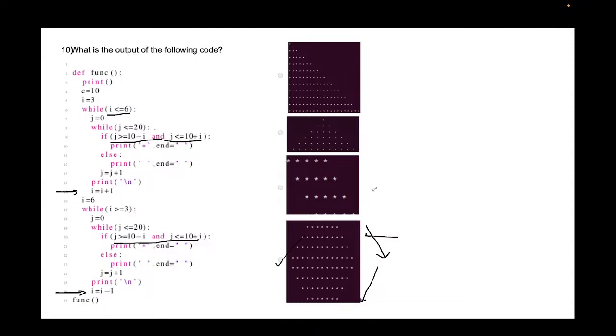In other options, either the band is the same, or it is increasing from one side, or it is increasing uniformly on both sides. So it's never decreasing. When you evaluate this condition, you'll find that the range of j increases till a certain point and then decreases afterwards.